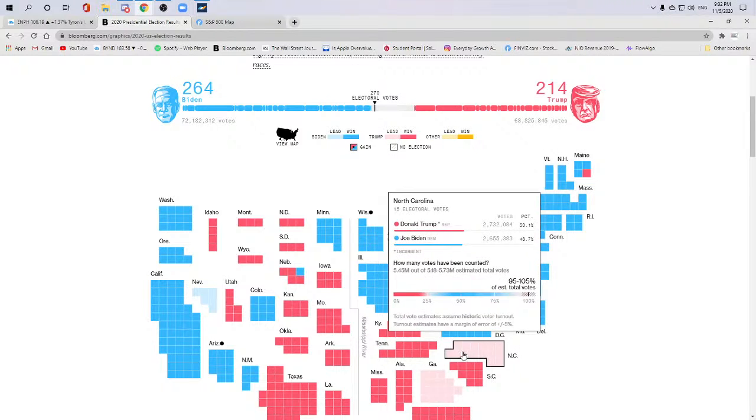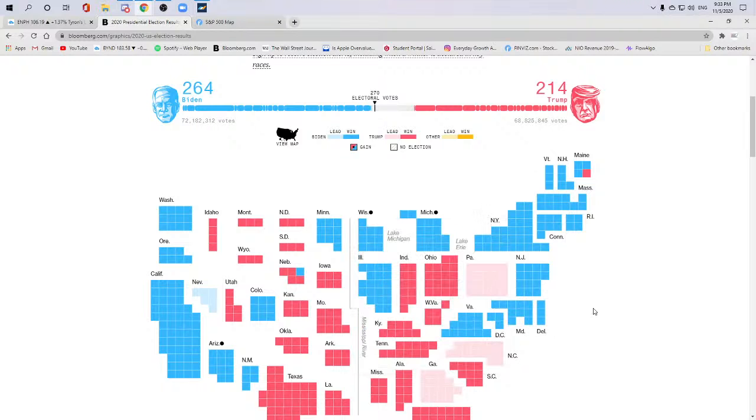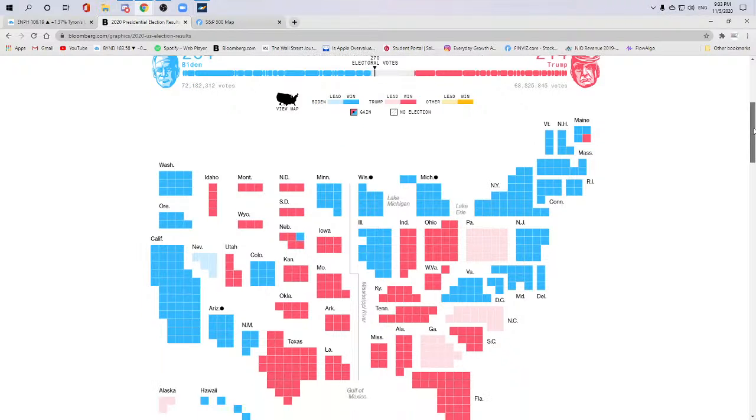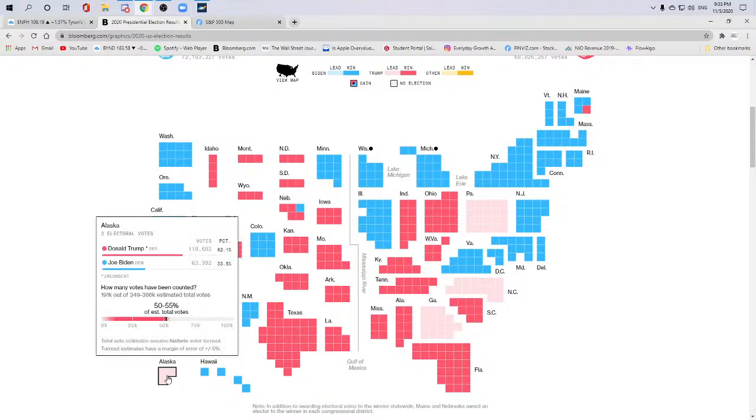35 plus 16 is 51. Yes, 51. I'm pretty sure, something like that. And so it's pretty hard for him to win. Of course, there's Alaska here that gives another 3.